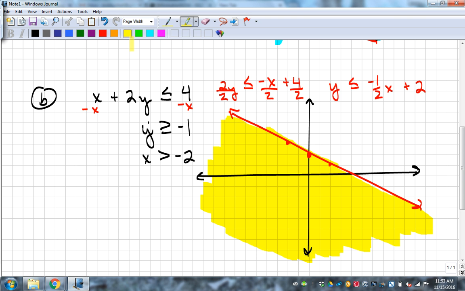All right. Now let's graph y is greater than or equal to -1. What's that look like? Horizontal line. Y and a number is horizontal. Go to -1. Should it be a solid or a dotted horizontal line? Solid, because it's got the equal to mark.